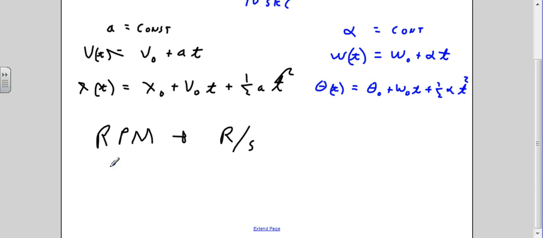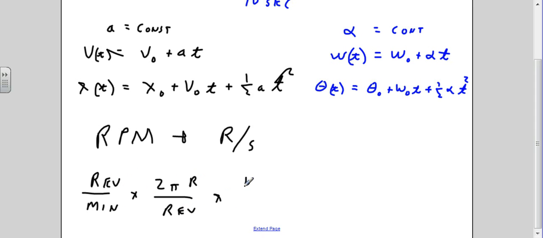All right, so dimensional analysis says if I have revolutions per minute, and I multiply that by 2 pi radians per revolution, and we multiply that by 1 minute per 60 seconds, then we see that we have pi over 30.